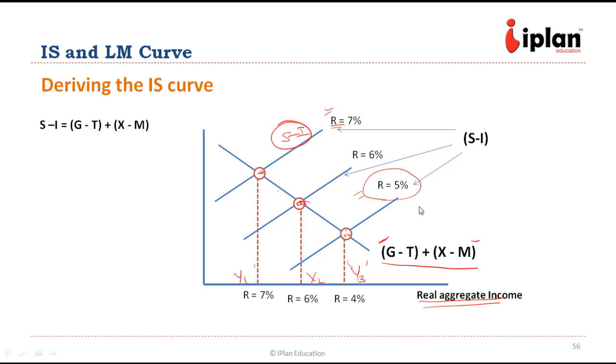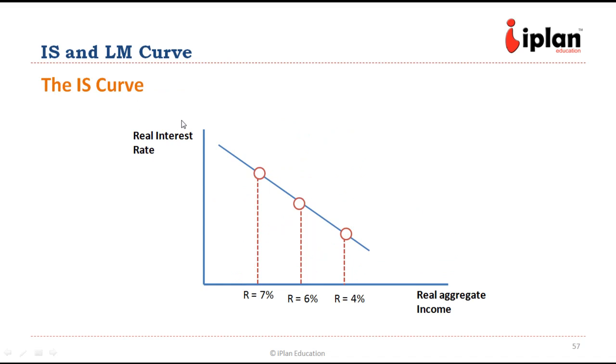That can be represented by the IS curve, where on the y-axis we have real interest rates and on the x-axis we have real aggregate income. So we can clearly derive that for lower interest rates the income is higher. These incomes are y1, y2, y3 and these rates are r1, r2, r3.